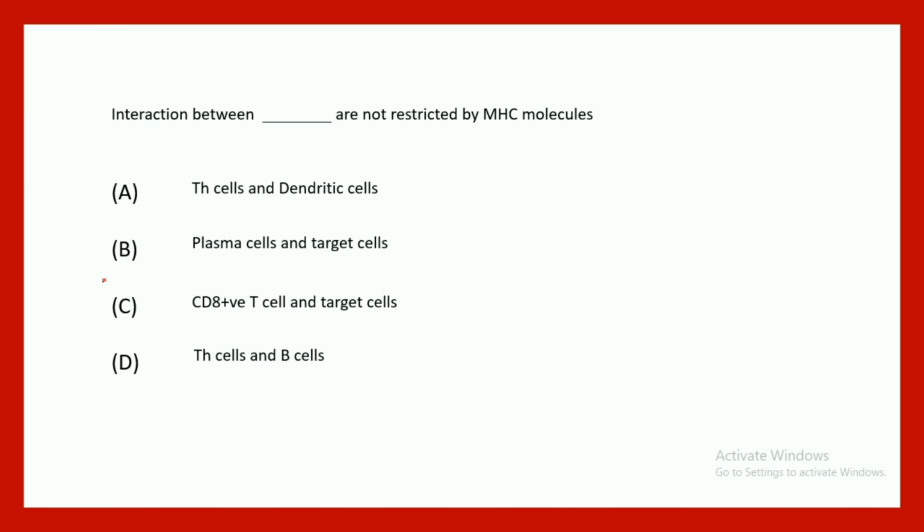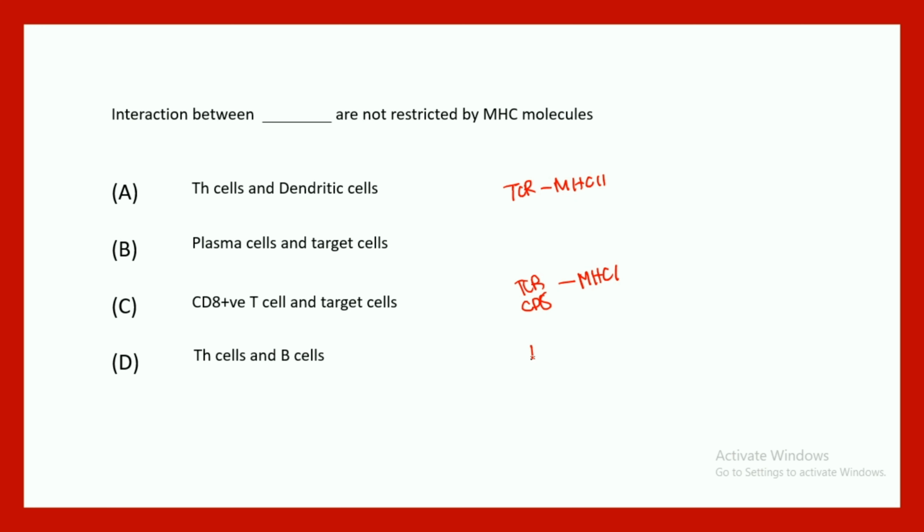For example, dendritic cell is a professional antigen presenting cell, so it would have MHC class 2, right? And T cell would have TCR, so this interaction is there. Whereas the CD8 positive T cell also has TCR and CD8, which would interact with MHC class 1 bound viral peptides. TH cells and the B cells.